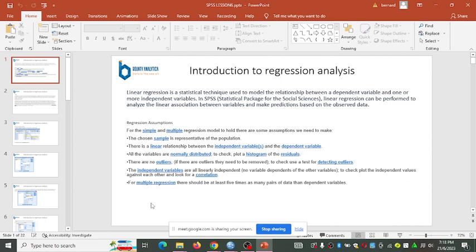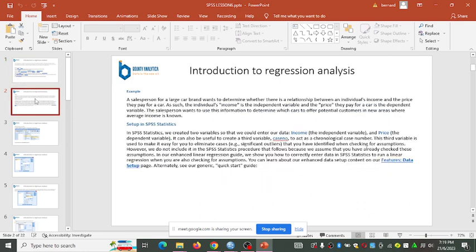Independent variables should be independent, and they should be related to the dependent variable. And for multiple regression, there should be at least 5 times as many pairs of data as independent variables. So these are just some theories that you need to understand.